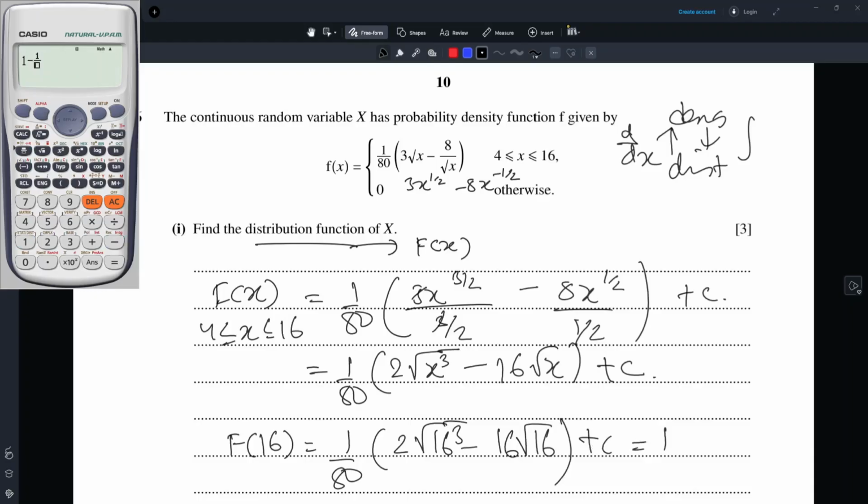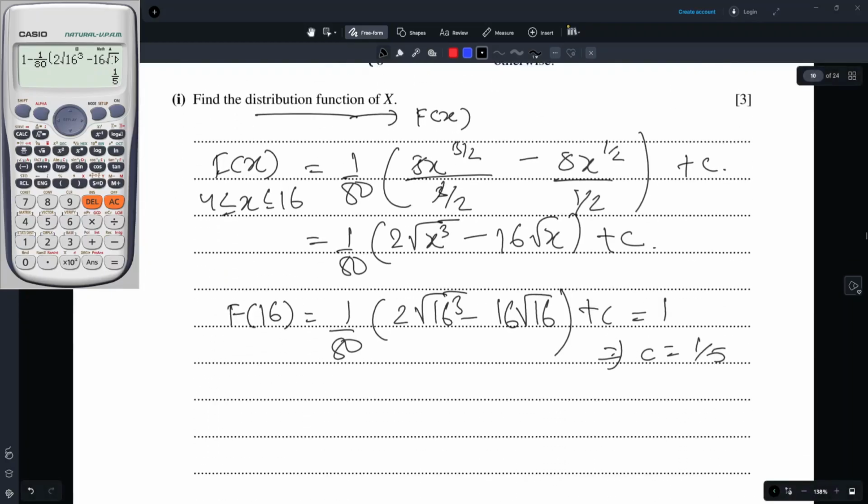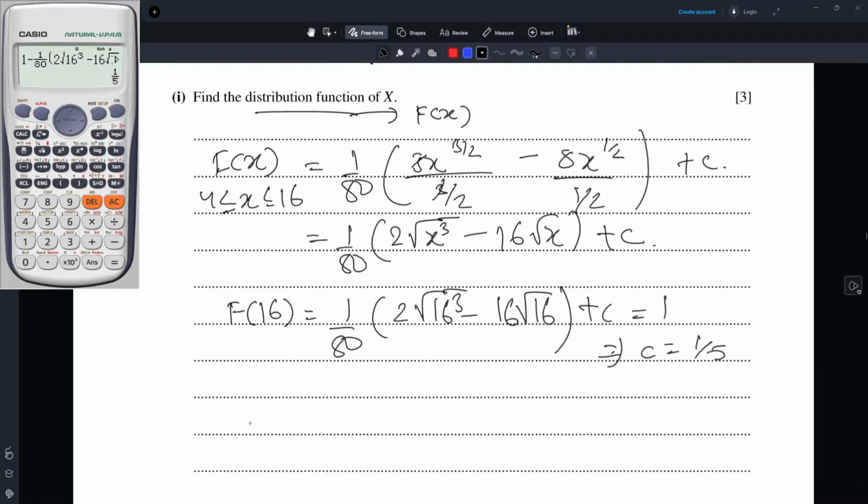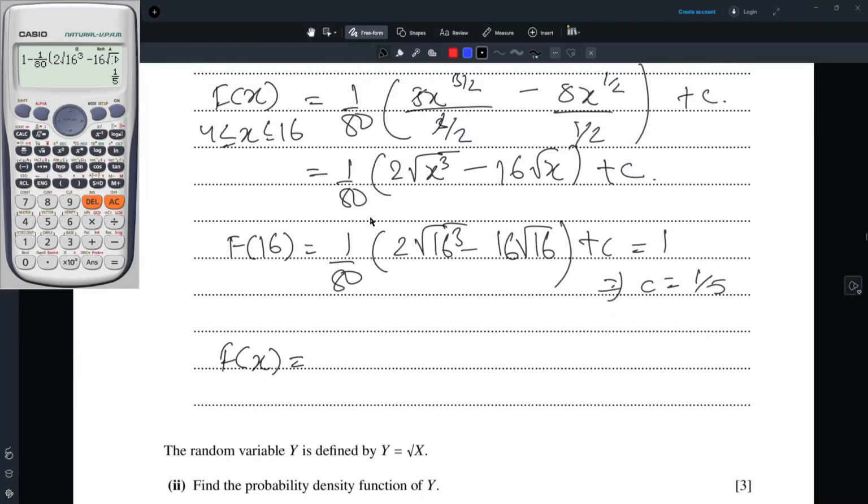1 minus 1 by 80 times 2 root 16 cubed minus 16 root 16. We get 1 by 5. Therefore, the way we write F of x is like this.